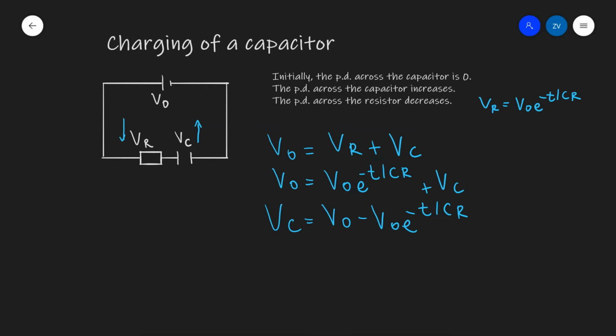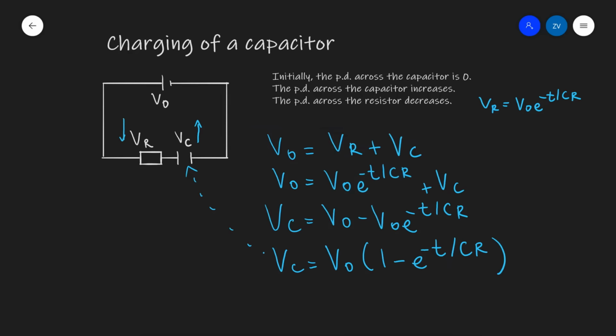We can take a factor of V0, and what we're going to get is that the potential difference across the charging capacitor will be equal to V0 times 1 minus e to the -t over CR, like so, which is a formula for the PD across this capacitor.